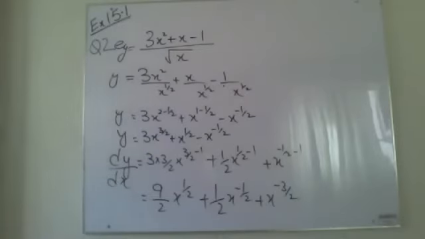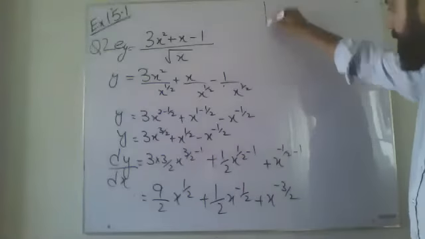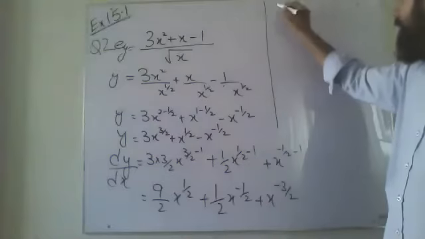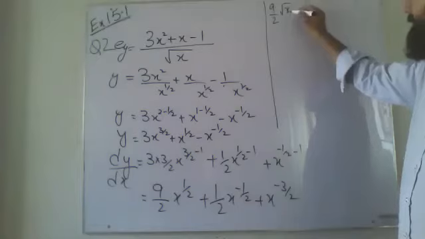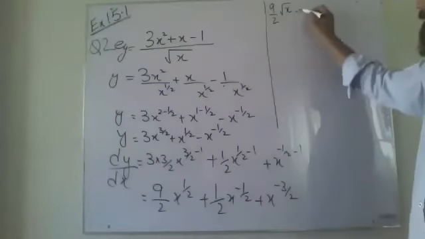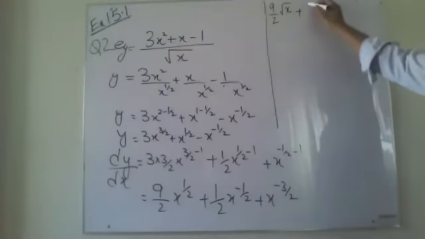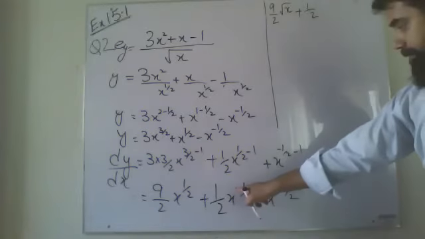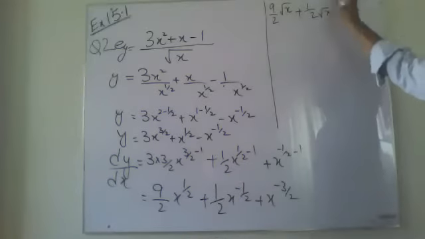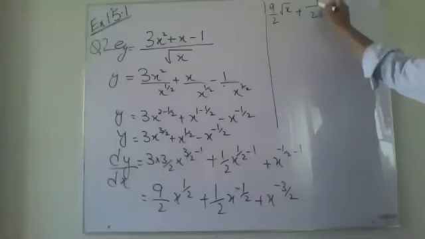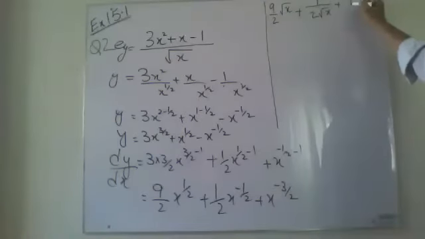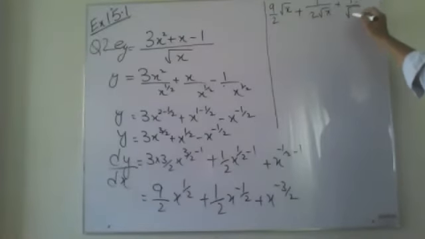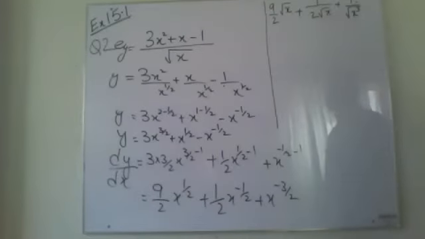Okay, so the last answer which we are going to have, I am solving it over here, beta. 9 over 2 under root x plus 1 over 2 x power minus half is there, so I have shifted it in the denominator, and this will become 1 over under root x with whole cube, and this will be your final answer.